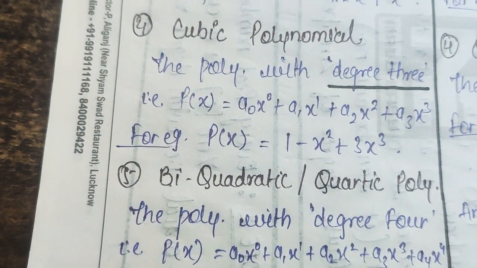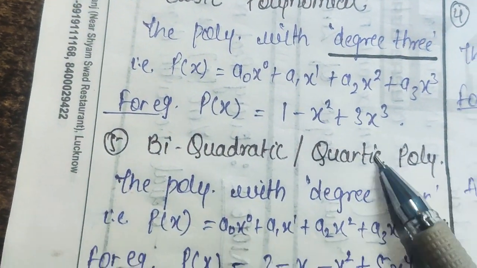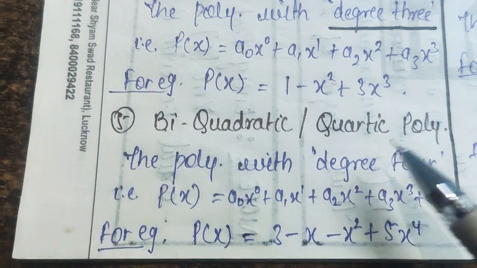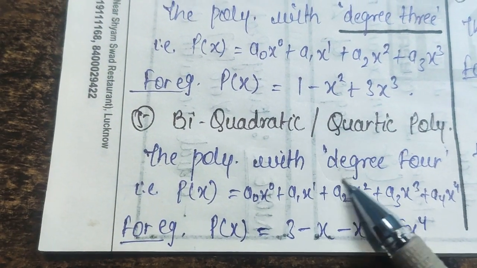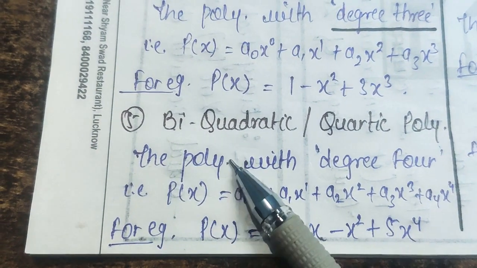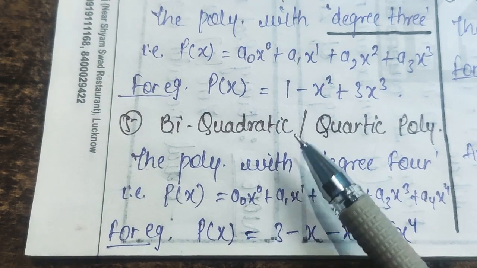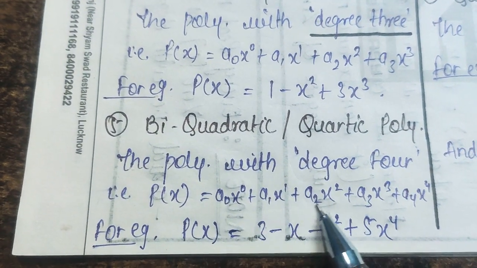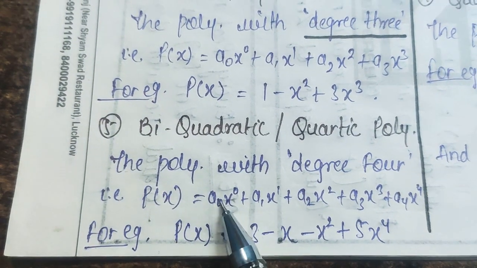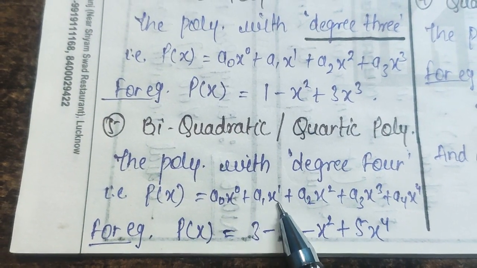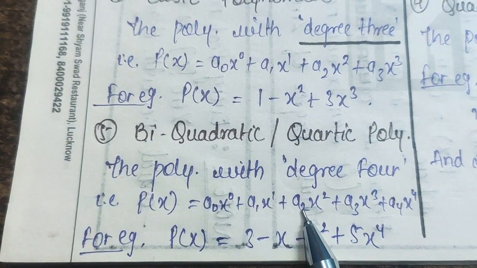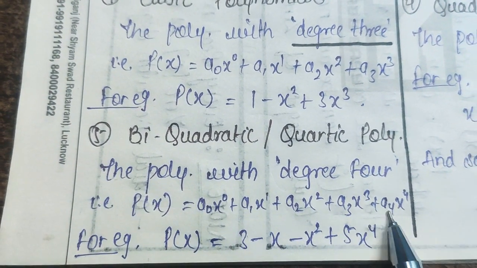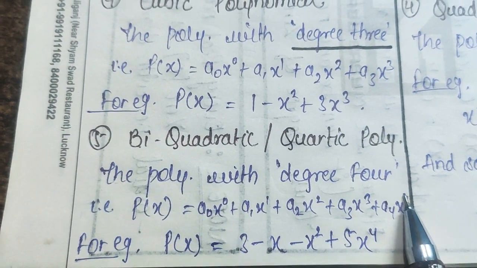Now, what is biquadratic? Biquadratic, or you can say the quartic polynomial. Whenever it is having the degree 4, you will say the polynomial is biquadratic polynomial, or you can say the quartic polynomial. The general format of it is written here: a naught x to the power 0 plus a1 x to the power 1 plus a2 x square plus a3 x cube plus a4 x to the power 4.